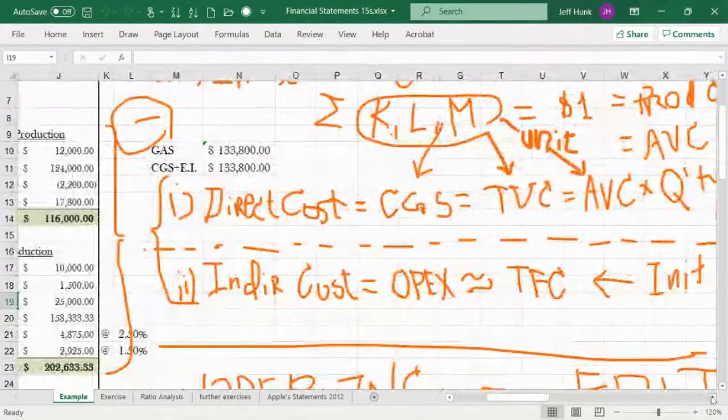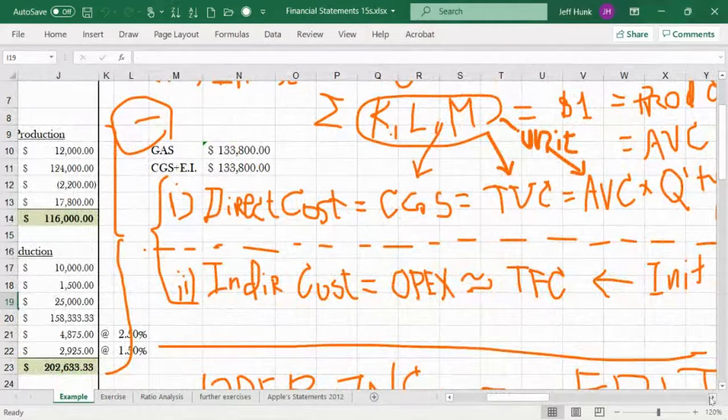Now, first, let's take a look at the direct cost. Direct cost is so named because this cost is directly changing with the production level, right? It means direct cost goes up if the production level goes up. Direct cost goes down if the production level goes down. Production level is the same thing as output. Output level goes up, direct cost goes up. Output level goes down, direct cost goes down too.